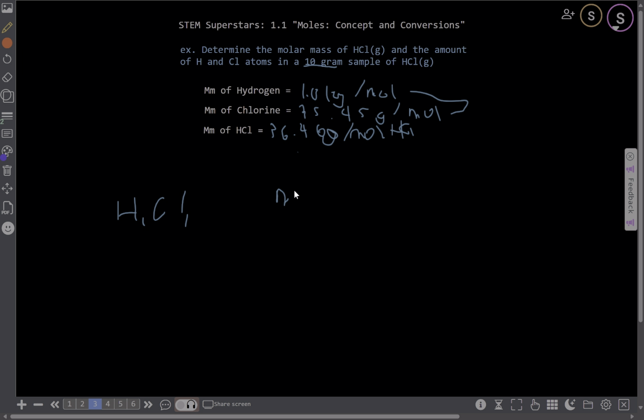So n equals mass, which is our little m, over molar mass, which is our big M. Our mass of our sample is 10 grams, so the numerator should be 10, and we established that the molar mass of our sample is 36.46 grams per mole. Now we divide these numbers to determine the moles of our sample.